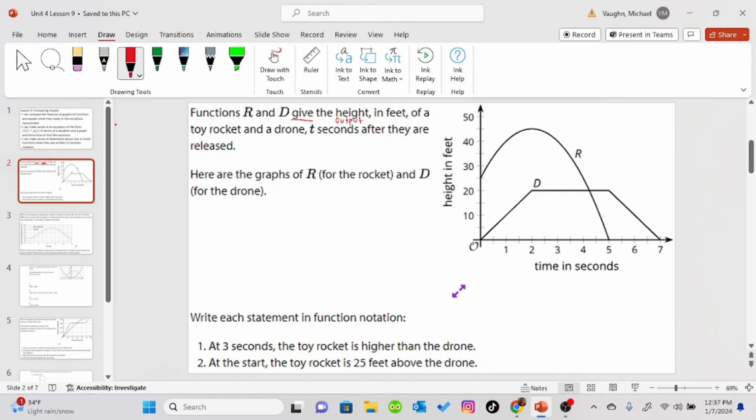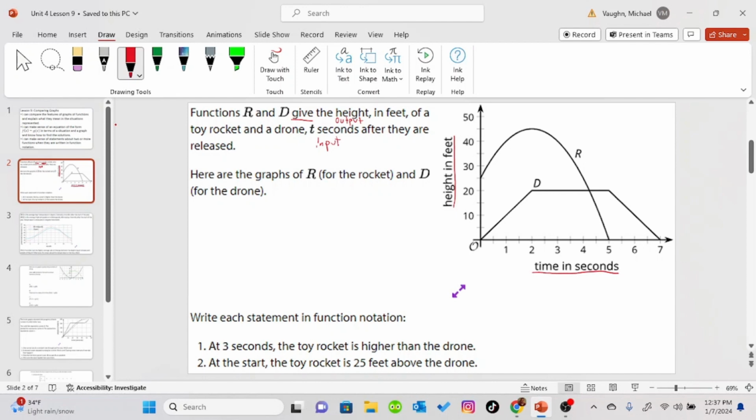And we can see right here, height in feet is our y-axis. That means seconds after they are released is our input, and we can see time in seconds is our x-axis.